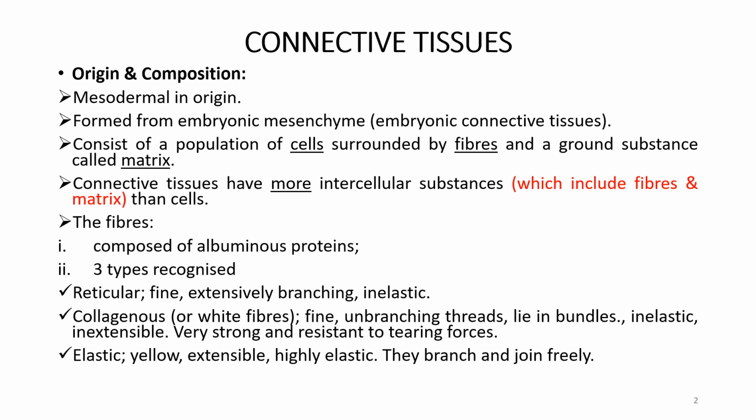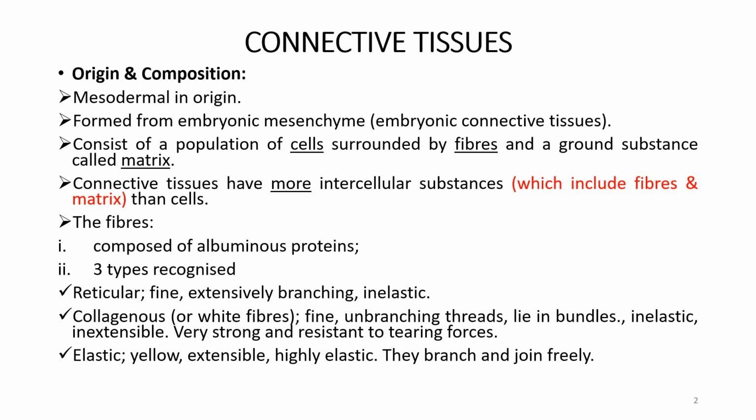The fibers are of albuminous protein in composition, and there are 3 types: reticular, which are fine, branching, inelastic; collagenous, also fine, these ones are unbranching, inextensible, inelastic, but more importantly, they are very strong and resistant to tearing forces.